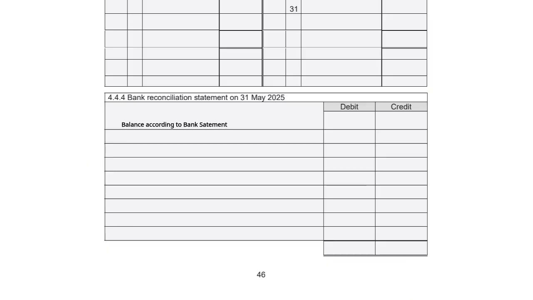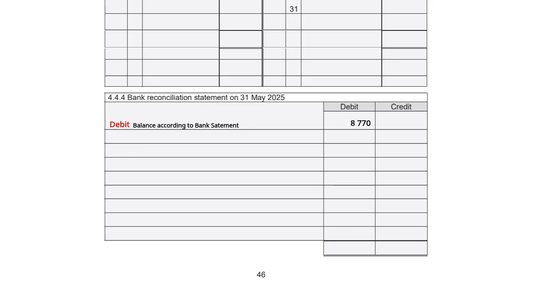And then if you go to 4.4.4, your bank reconciliation statement on 31 May, you can enter your opening balance, because under information number 3 it says on 31 May 2025 an electronic bank statement was generated by ABSA in the debit column.